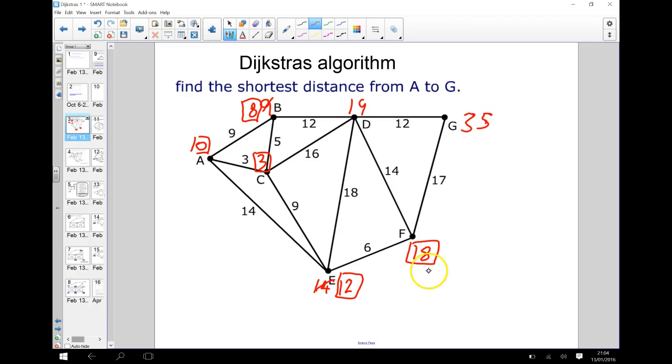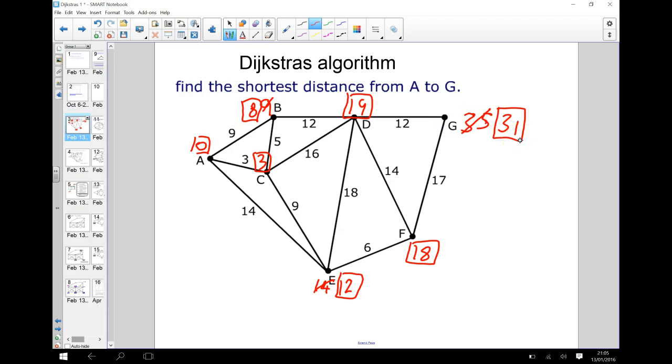Those are all the connections, so the next lowest value is going to be 19. 19 and 12 is actually going to be 31, so that's less than 35. I'll cross the 35 out and put a 31 next to it. And that's my final value, so I can put a box around that, and that tells me that the shortest distance from A to G is definitely 31.